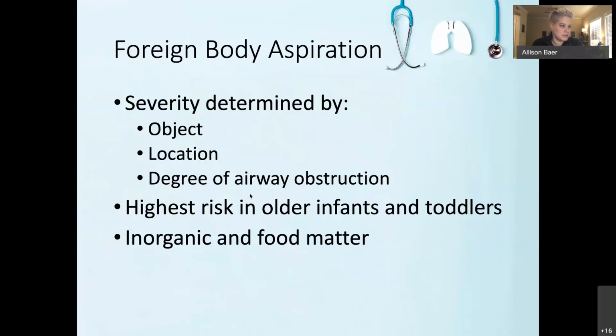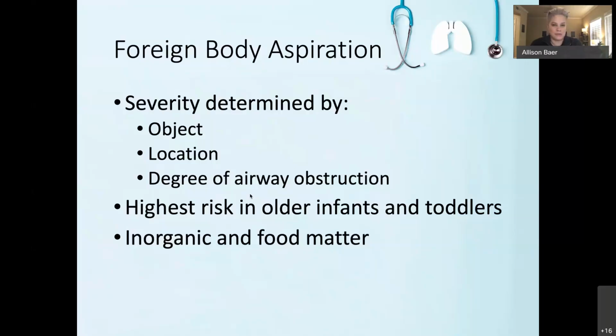So this can be inorganic, so just coins or teeth, or what are some other things we've seen? Up to and including charm bracelets. Watch out for necklaces that have little charms on them and they're chewing on them and then bite one off and inhale it. But it can also be food matter.